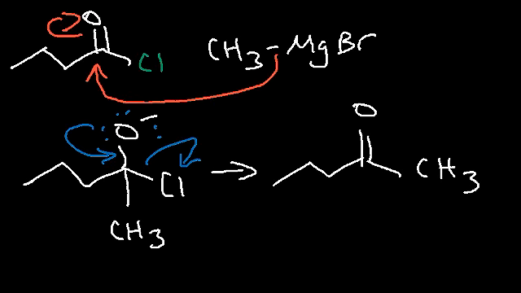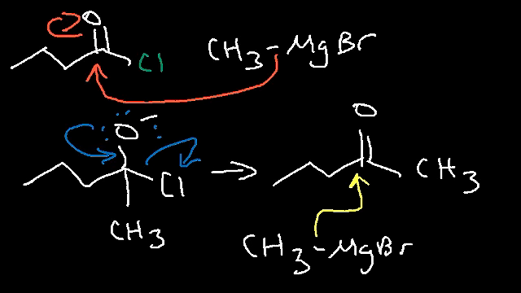Now at this point, the Grignard can still react with a ketone. So another Grignard reagent that's in the solution will continue the reaction. It's going to reduce the ketone as well. So now we have an oxygen with a negative charge. And at this point, we have 2 methyl groups.